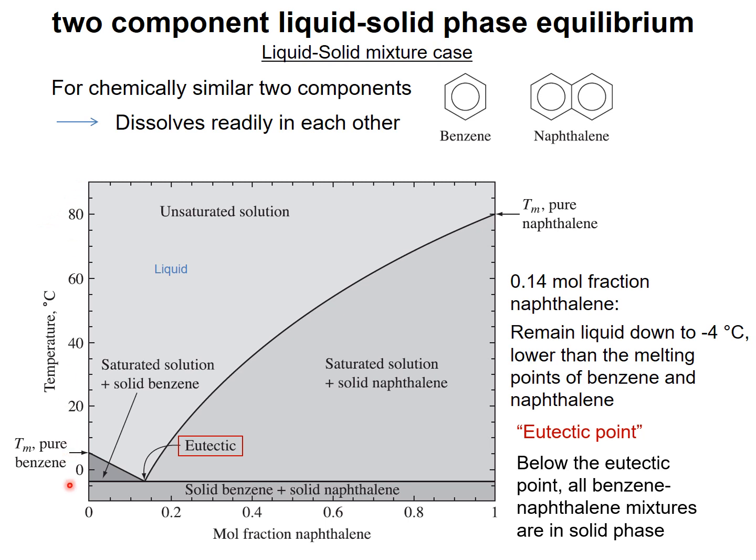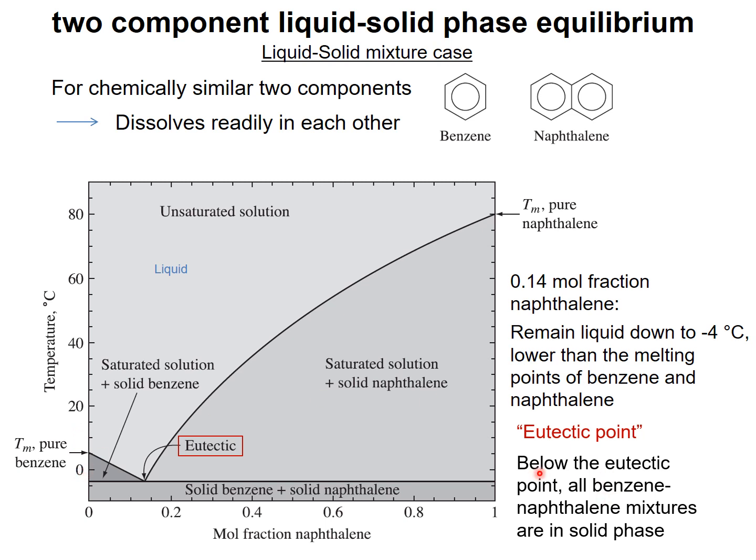On the y-axis, for the benzene line, you can find the melting point of benzene here, about 5 degrees Celsius. Then, when you decrease the temperature below 5 degrees Celsius, the benzene crystallizes into solid benzene.